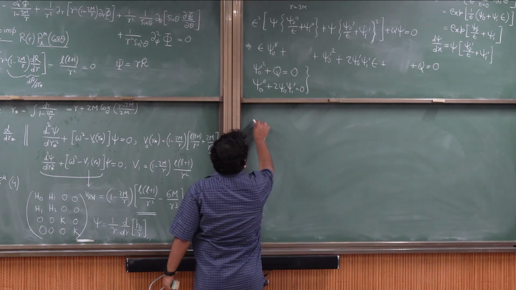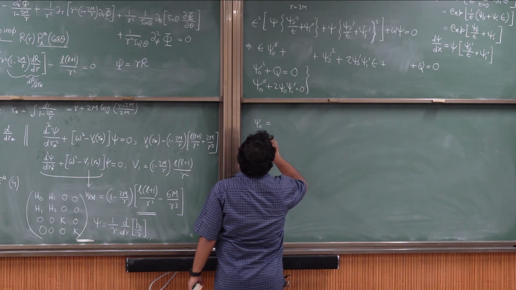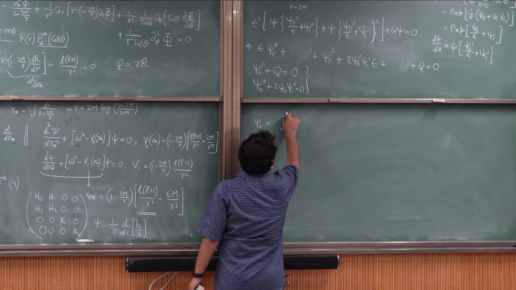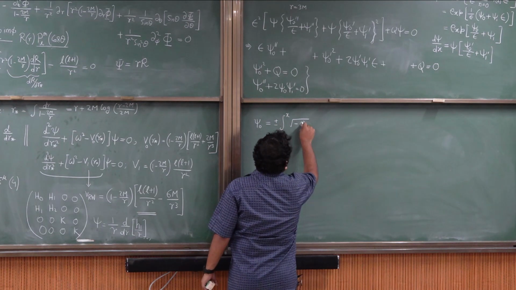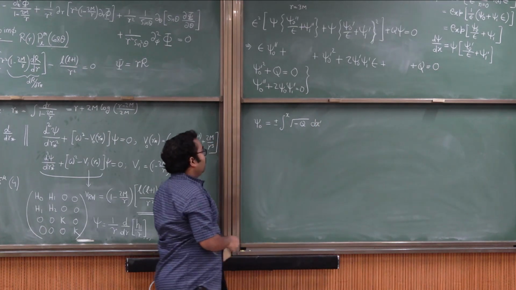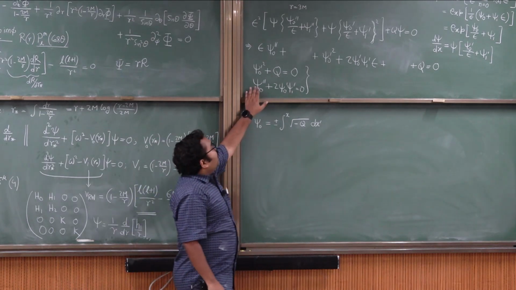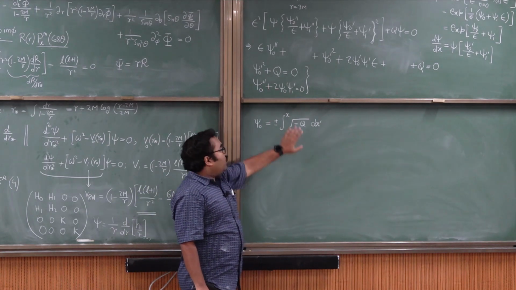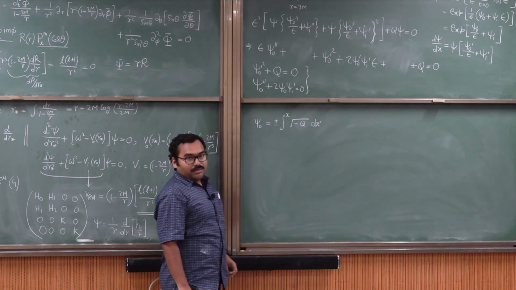So the first equation, what is the solution for psi 0? As you can really understand, it would be integral up to x with maybe plus or minus square root of minus q dx prime. See, psi 0 prime is square root of minus q, correct? And then I am integrating.